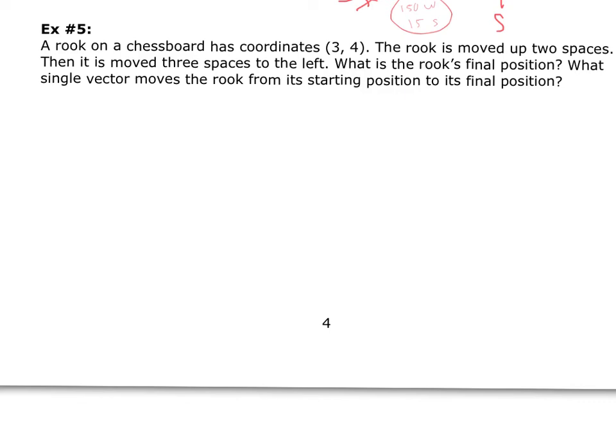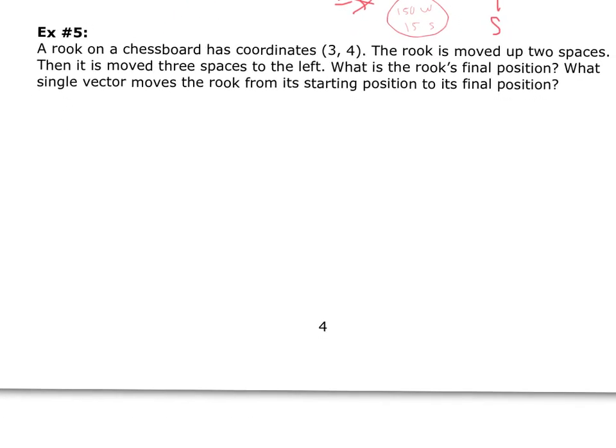Okay, so we know that its initial position was 3, 4, and then it moved up 2, and then it moved 3 spaces to the left. Okay, so there's your vector that you are given. So we know that we need to add 2 to the x-coordinate and take 3 away from the y-coordinate to get our solution. Actually, let's think of this again.